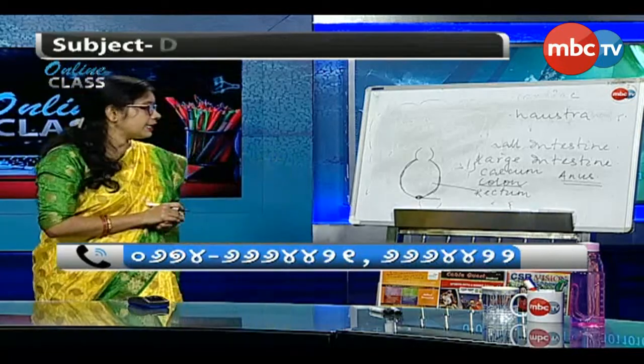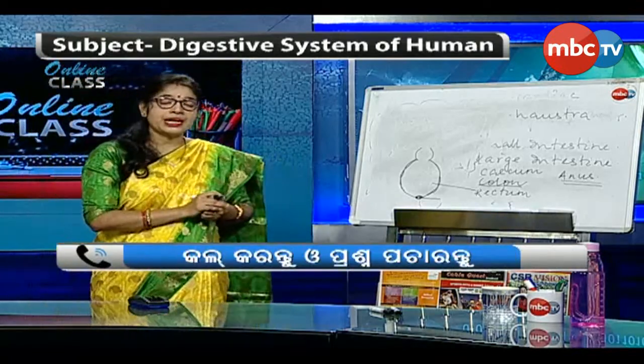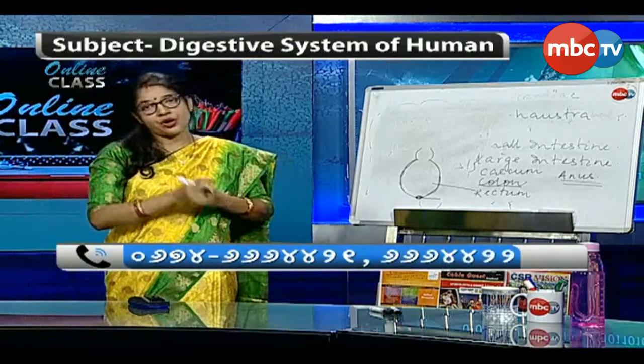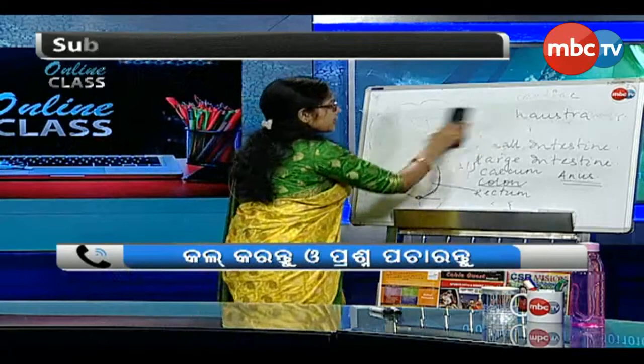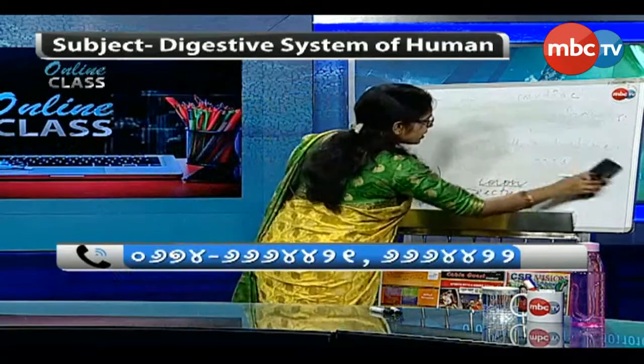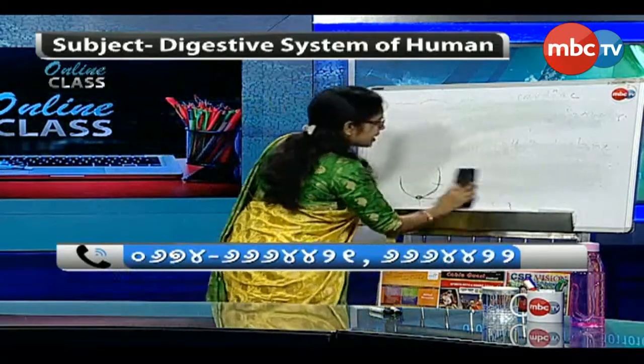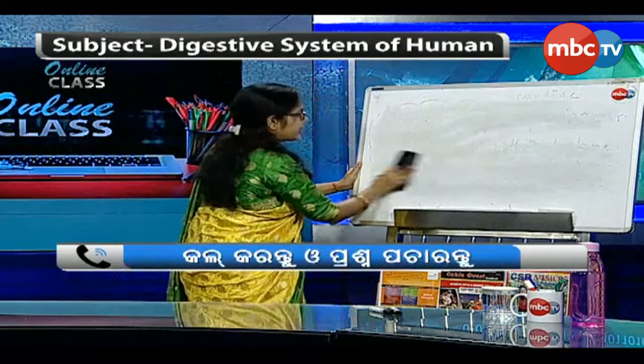But if we analyze the structure of the stomach along with the stomach of a ruminant, there is some difference. What is the difference between the stomach of a human and the stomach of a ruminant?